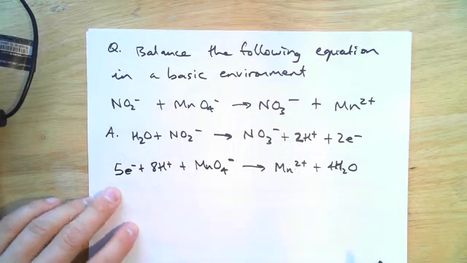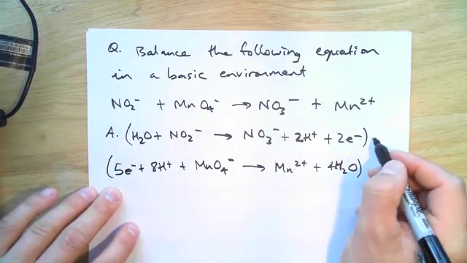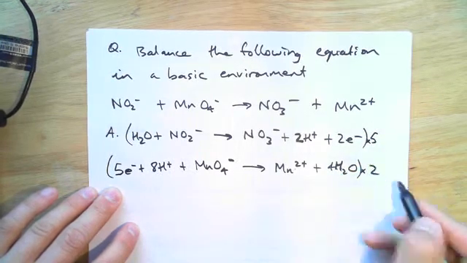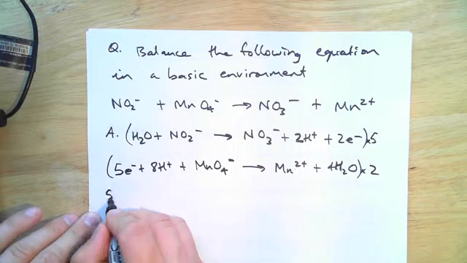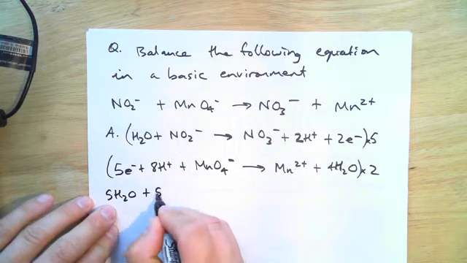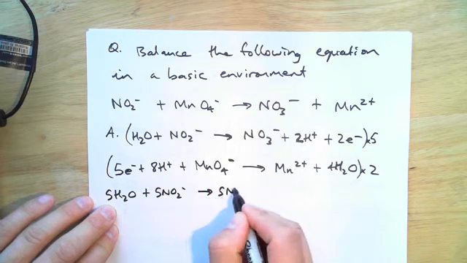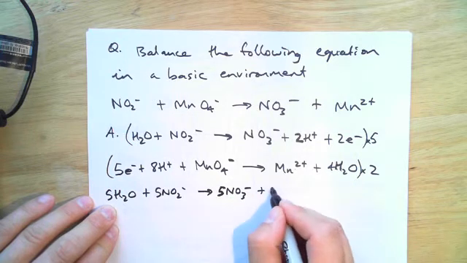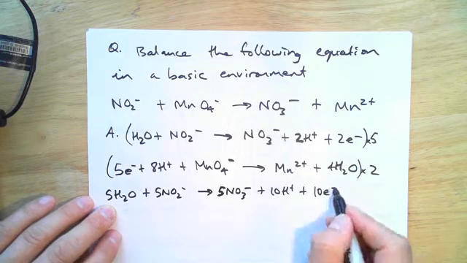Okay, so overall now I've got 5 electrons in this equation, and I've got 2 electrons here. The easiest way is to just multiply this one by 5 and this one here by 2 and then add them. Okay, so if I do that, I'm going to have 5H2O, plus 5 NO2 minus goes to 5 NO3 minus plus 10 H plus 10 electrons.